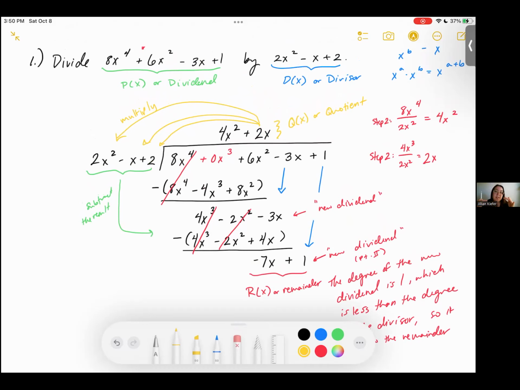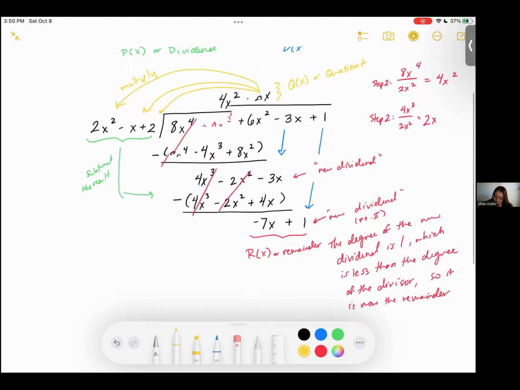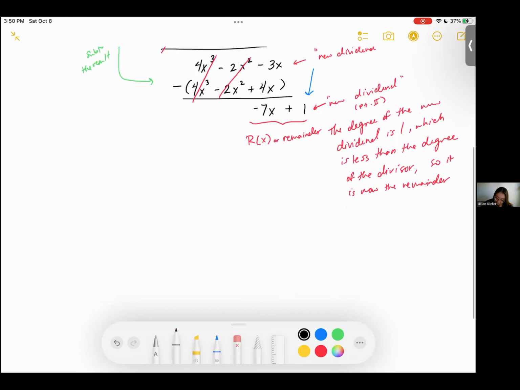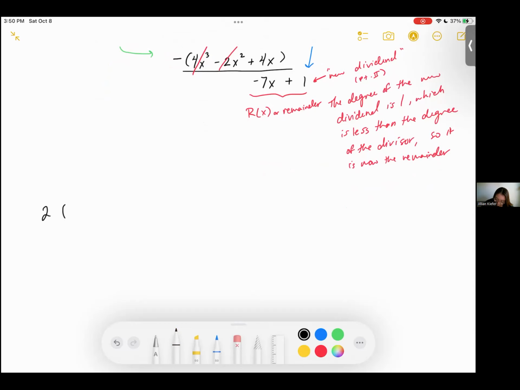So we've done the math in this case. Now when we write our answer, we're going to write it in one of the two forms of the division algorithm, which, if we recall, we've got two forms of the division algorithm.